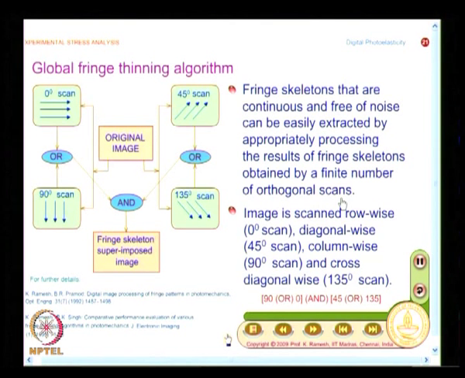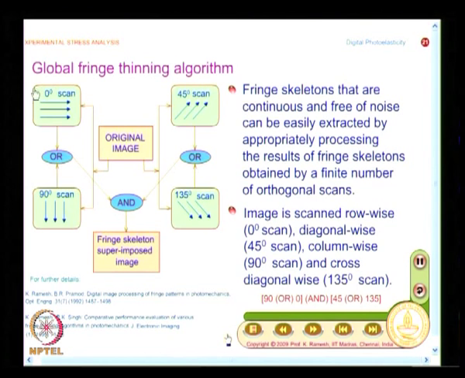There is no iteration involved, and in this case we use only 4 scans: a 0 degree scan, 45 degree scan, 90 degree scan, and finally 135 degree scan. If you look at them, they are essentially orthogonal scans.